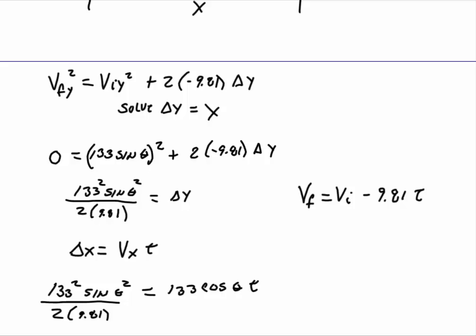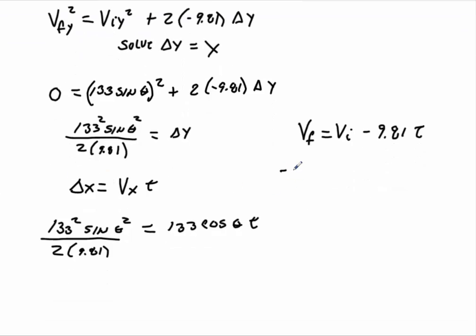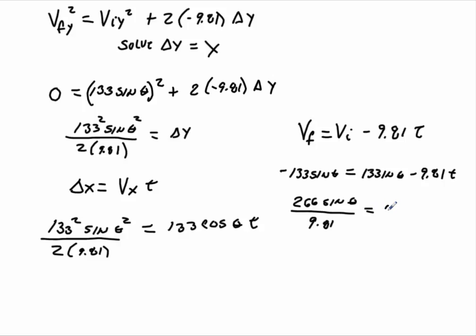So we put those values in: negative 133 sine of theta is equal to 133 sine of theta minus 9.81 times t. Move this over and divide by negative 9.81. That gives me 266 times the sine of theta over 9.81 is equal to t.